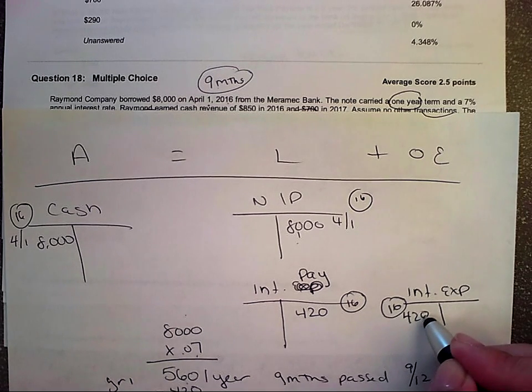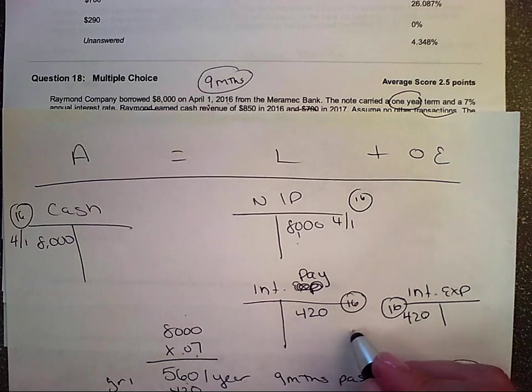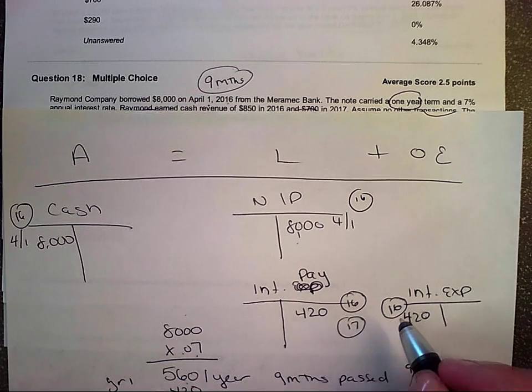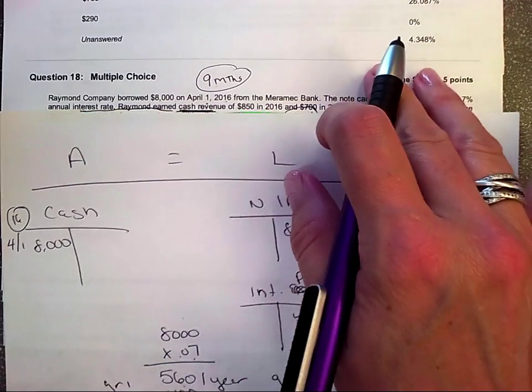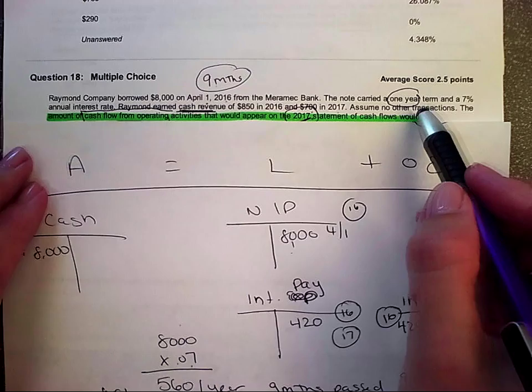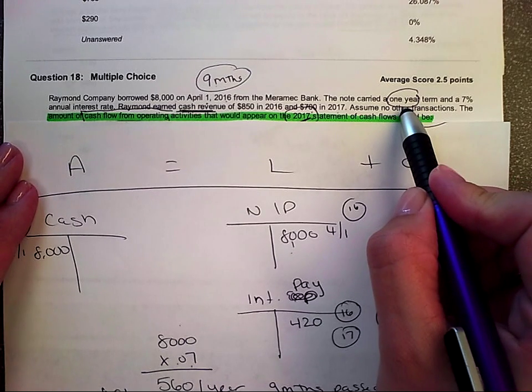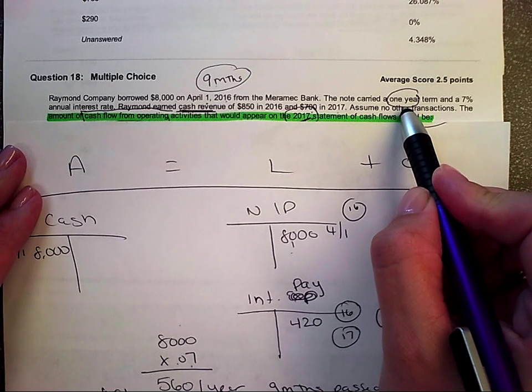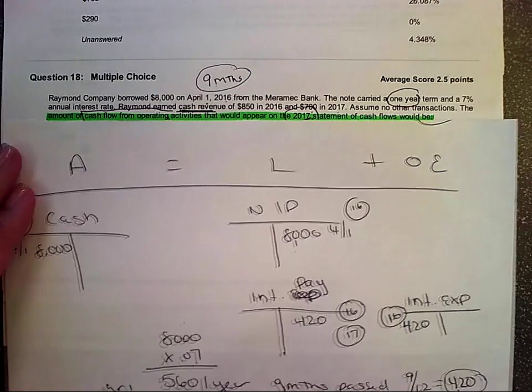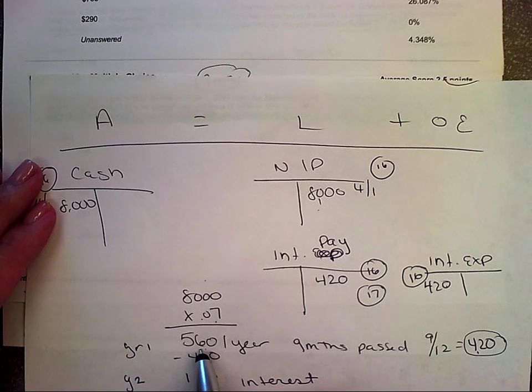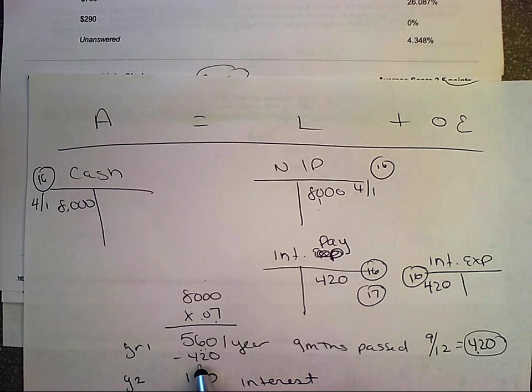This would be closed out to retained earnings, and we move into year 17. So in year 17, 3 months into the year, we actually had to pay back that note. So if we say that 560 was for the whole year of interest we owe, we already recorded 9 months at 420.